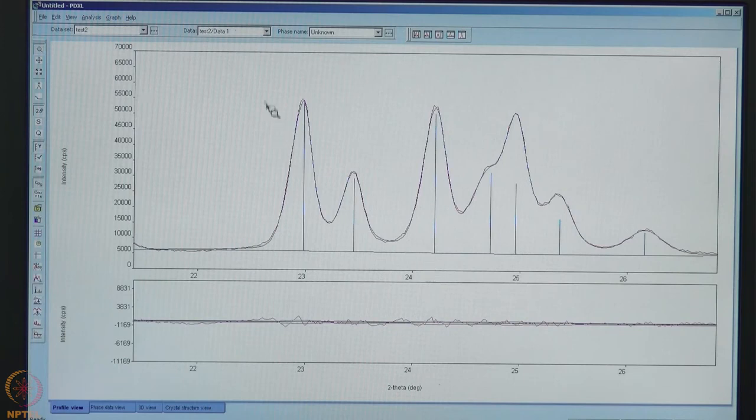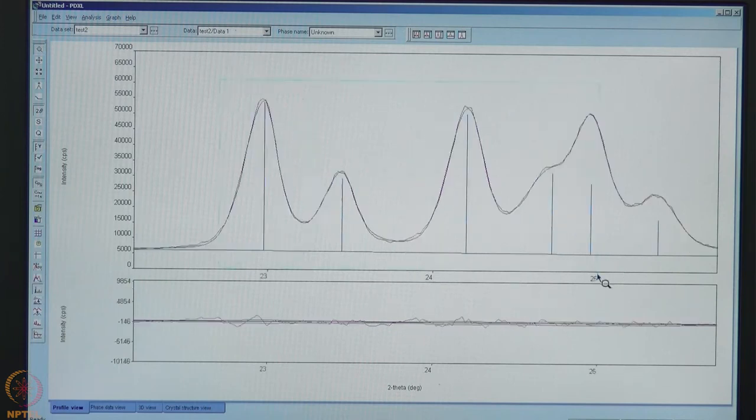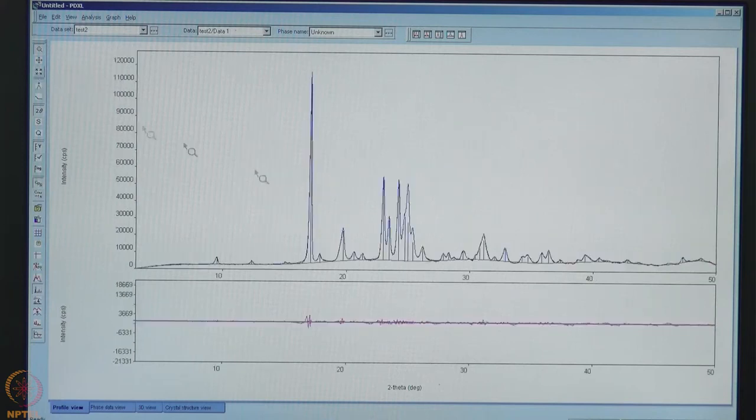And this particular software has already found the correct positions of those peaks and has identified those peaks and marked them as blue sticks for indexing purposes. So one can also do a powder pattern indexing using this software.